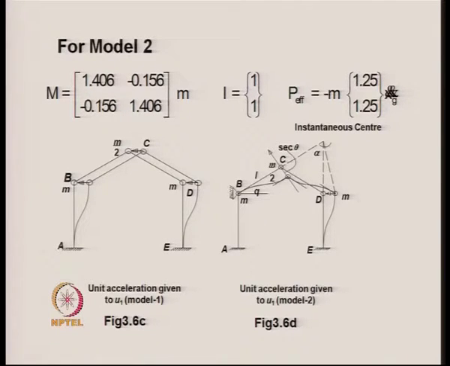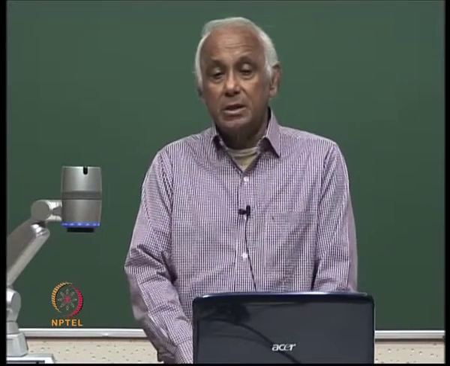This kind of mass matrix arises for different kinds of structures with the degrees of freedom chosen. That is, for a particular structure, if we choose the degrees of freedom in a different way, the mass matrix can become diagonal. If we choose the degrees of freedom in some other way, then the mass matrix could be fully populated, as we have seen for the case of a 3-dimensional frame with a rigid slab at the top.